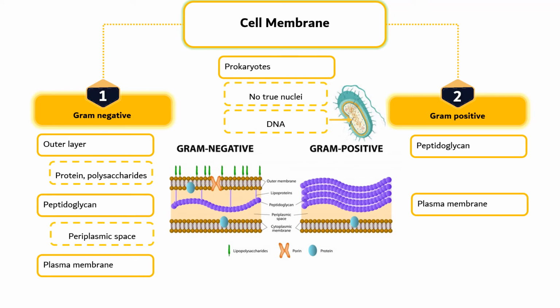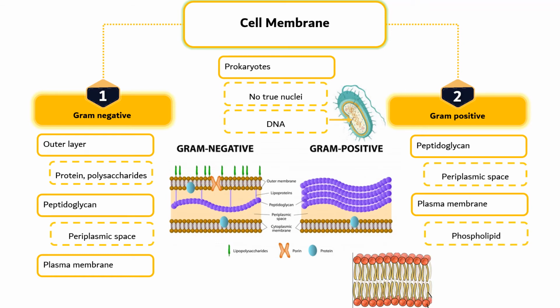Gram-positive prokaryotes, as shown in the figure, are missing the first outer layer but have the second peptidoglycan layer and periplasmic space. The third membrane layer is known as the plasma membrane or inner membrane, which is common in both gram-positive and gram-negative organisms. It consists largely of phospholipid, but also contains dispersed proteins and metal ions.